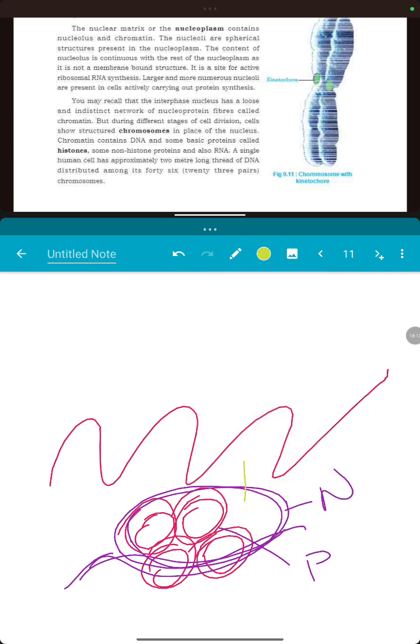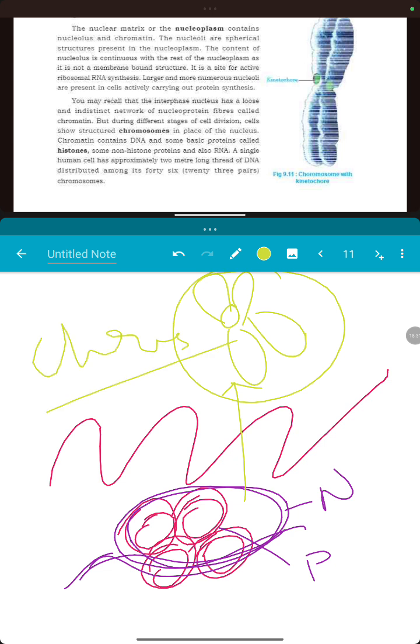So later this will be visible as chromosomes. These threads will be coiled perfectly into chromosomes. Chromatin contains DNA and some basic proteins called histones, and some non-histone proteins, and also RNA.